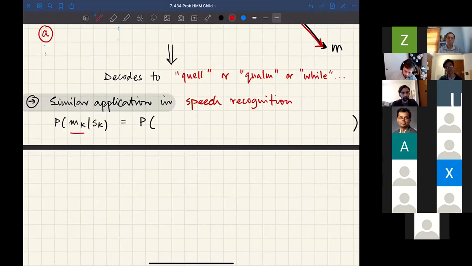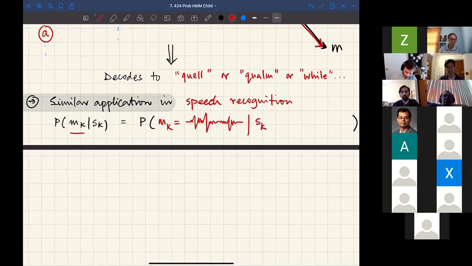MK is your measurement. So you record the human speech, and now your signal looks like that. A, K, B, R, H, right? That's the signal that you've gotten, right? And the possible states SK equals, that might be some signal like that.